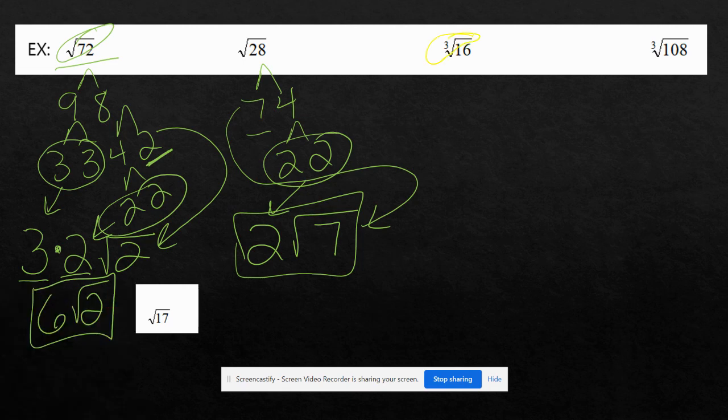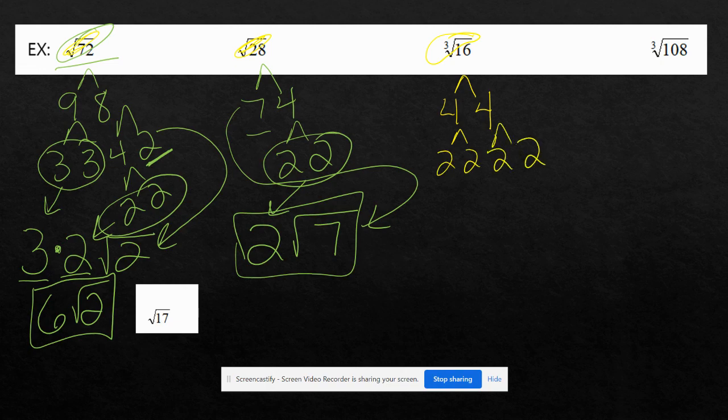The third root of 16. So if for square roots you had to have pairs, then for third roots, you have to have triplets for them to come out. 16, I know, is 4 times 4. 4 is 2 times 2, and 2 times 2.